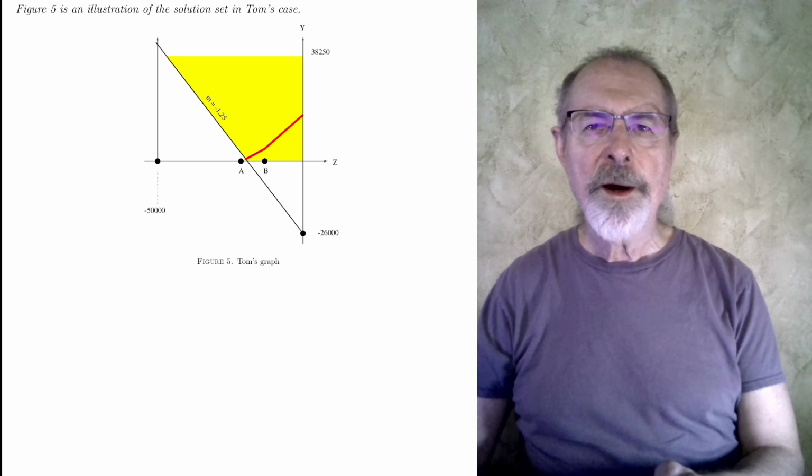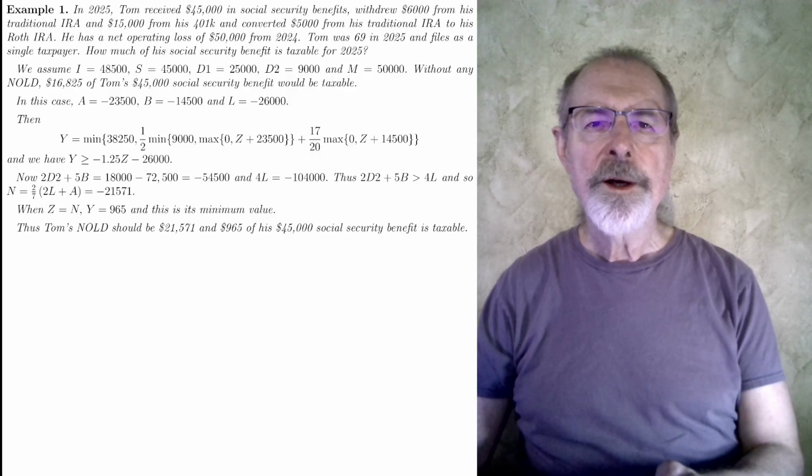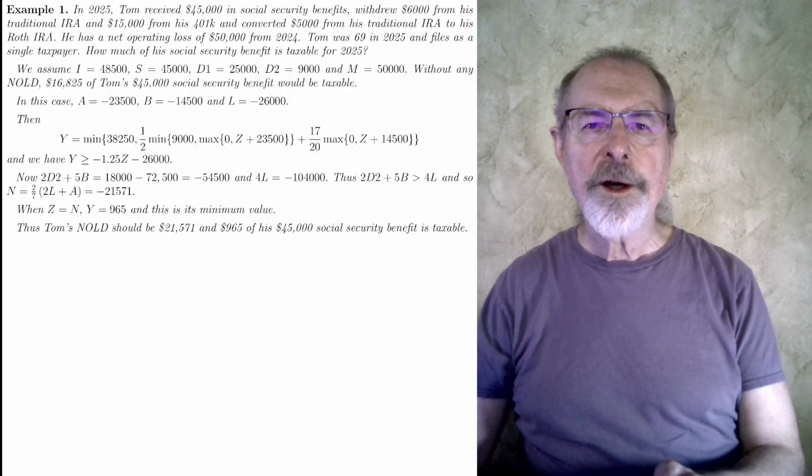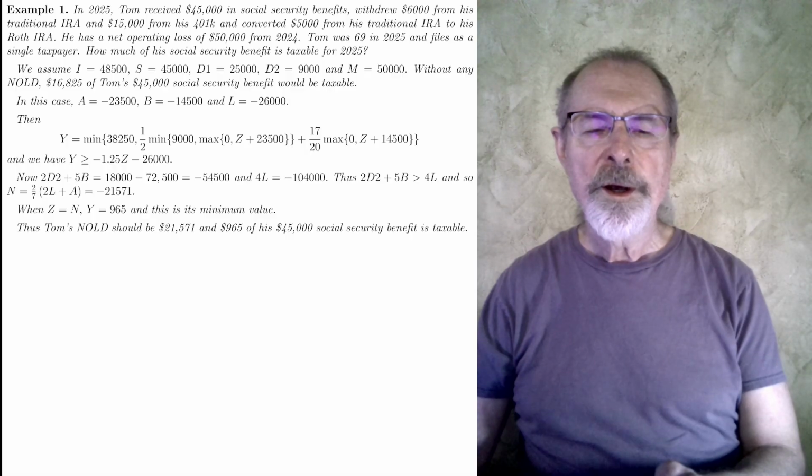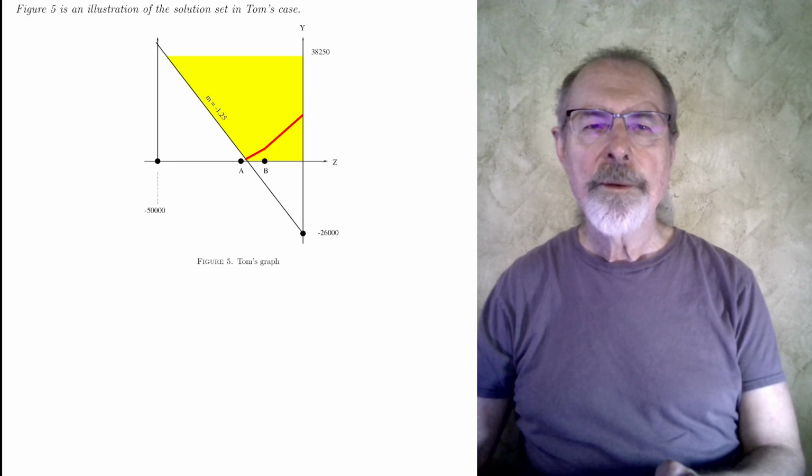And you can see it's minimized when the red curve gets as close as possible to A. And in fact, if we go through the details, we see that his NOL deduction is $21,571, and $965 of his $45,000 Social Security benefit is taxable. But looking at it as a graph simplifies the understanding tremendously, in my opinion.